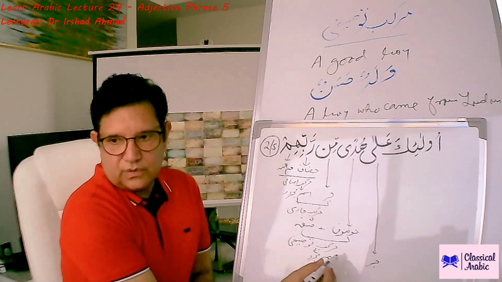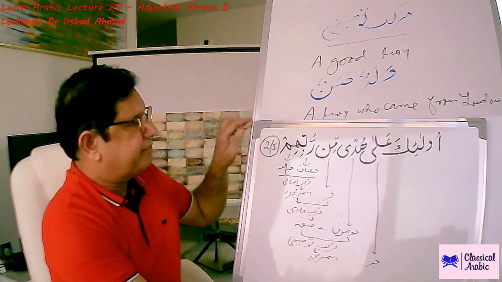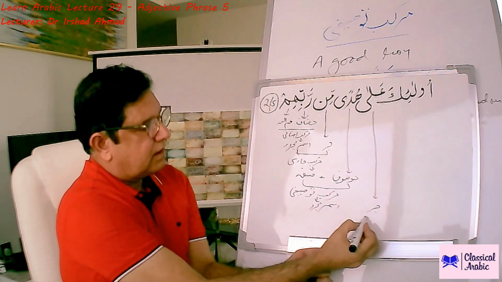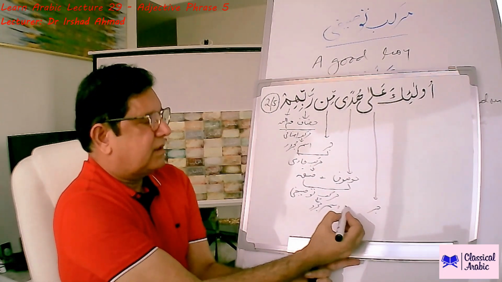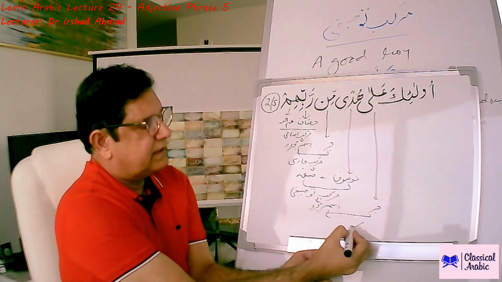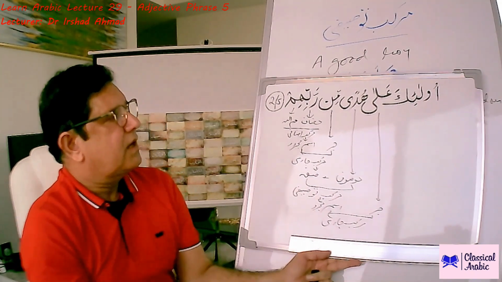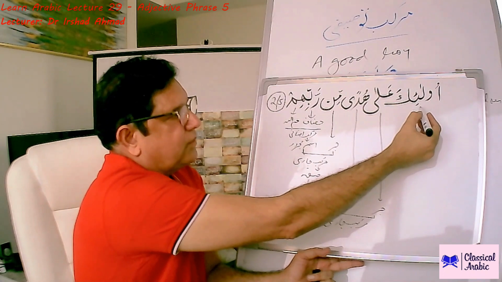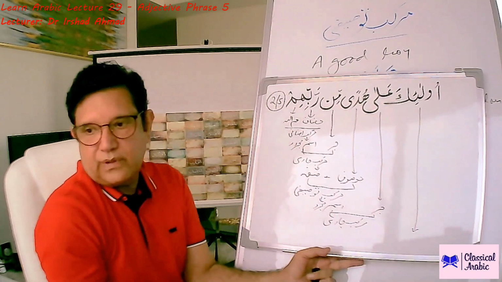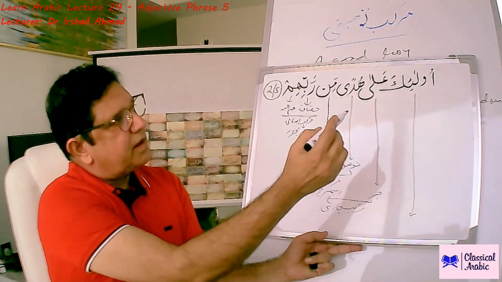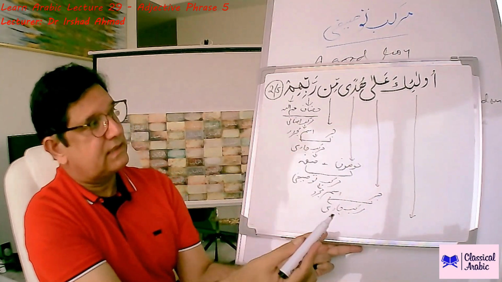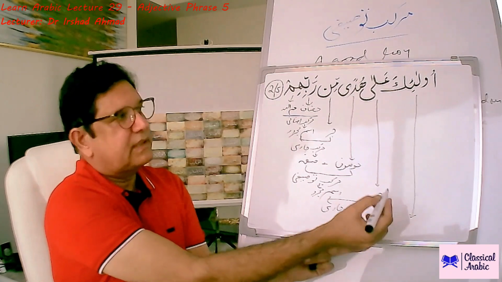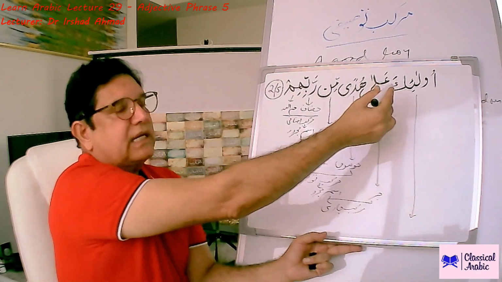So this jar and majroor combine to make, let's raise it up a bit, they both combine to make murakkab jari. So this murakkab jari, the whole of this structure, is preceded by ulaika, and we know that ulaika, being a demonstrative pronoun of distance, has the quality to become mubtada because it is at the beginning of the sentence anyway, and it is definite.